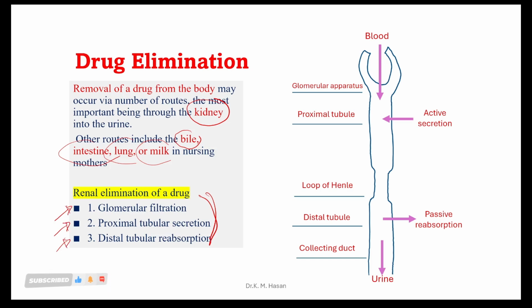If you look at the graph on the right side, you can see the drug coming with the blood. This drug will be filtered through the glomerular apparatus, through the proximal convoluted tubule, to the loop of Henle, to the distal tubule, and then collected into the urine.